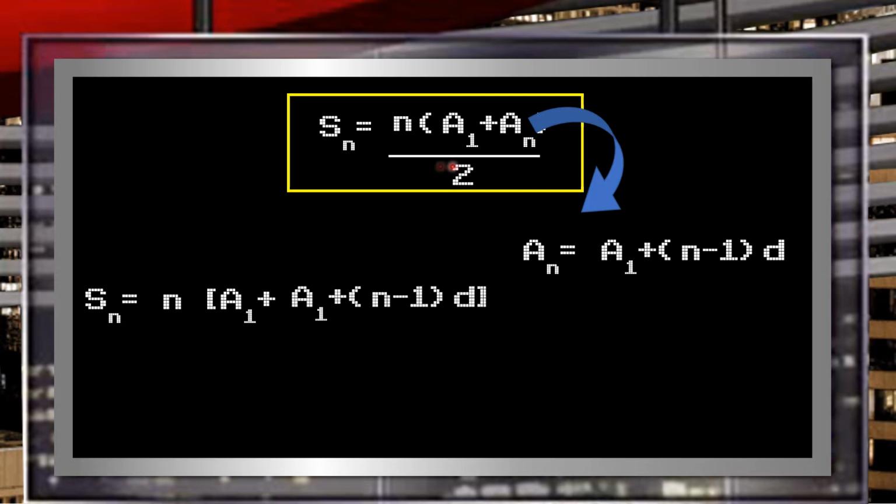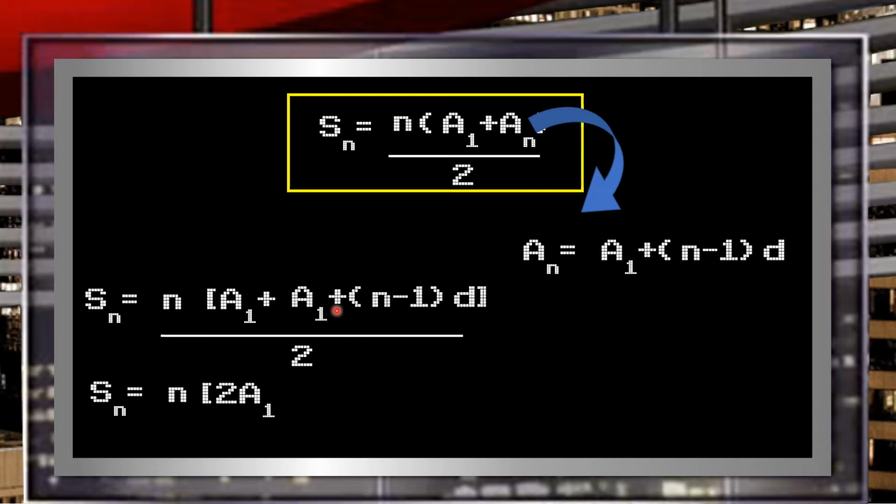But in our formula, there is still a divided by 2, right? Now, how many a sub 1 do we have? 2. So, we have 2 a sub 1 plus quantity n minus 1 times d all over 2.